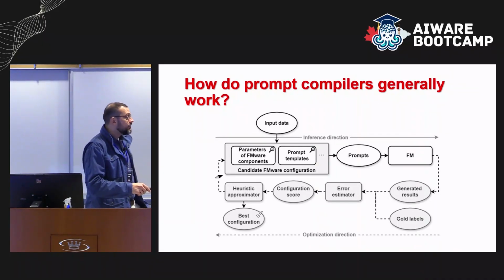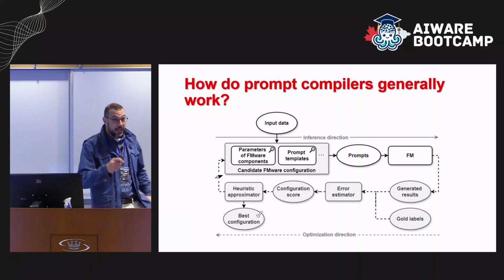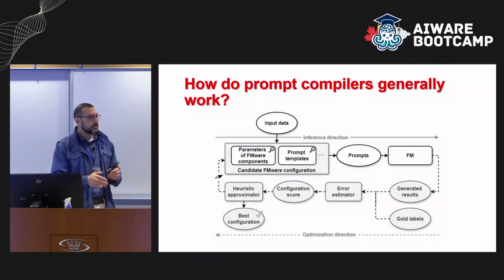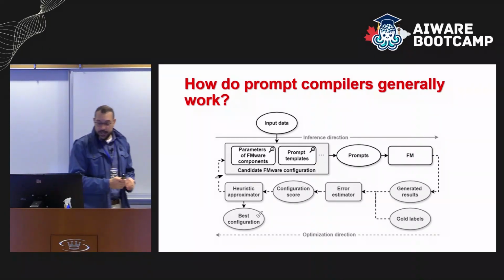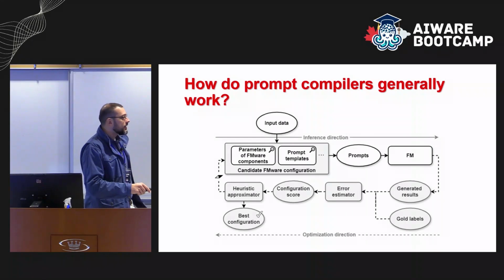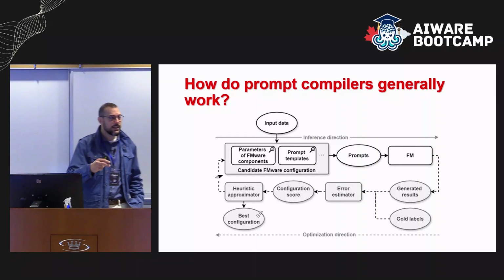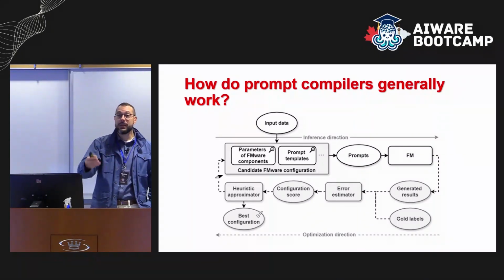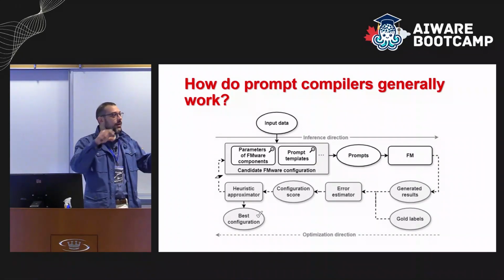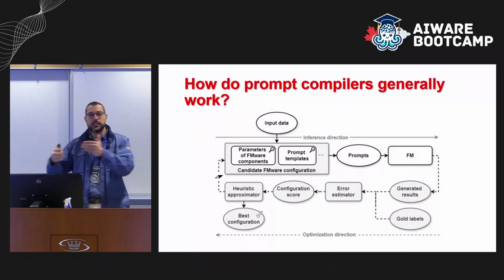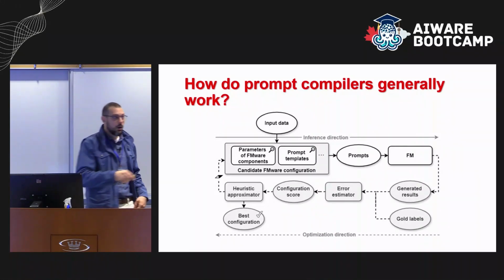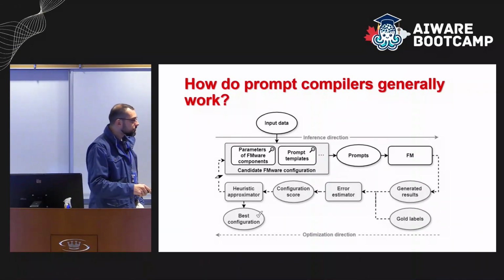And you have the prompt templates that you write in your program, the prompts that you just saw. Everything here can be optimized by the compiler. Why do I say that? Because this compiler is search-based. You will try to find the best configuration that leads to the best result of the whole program.